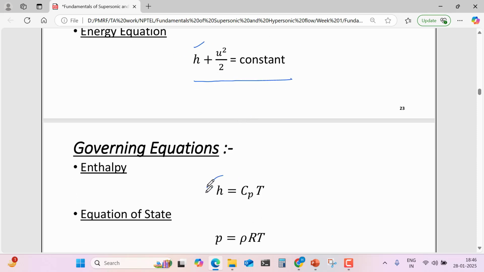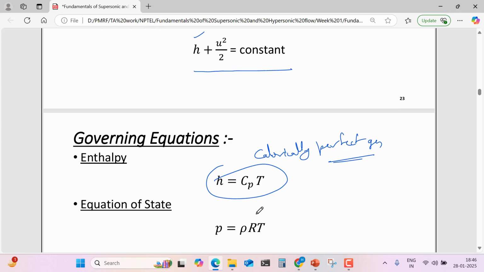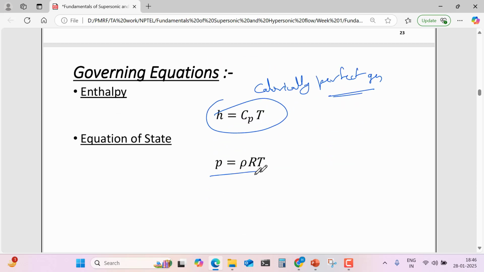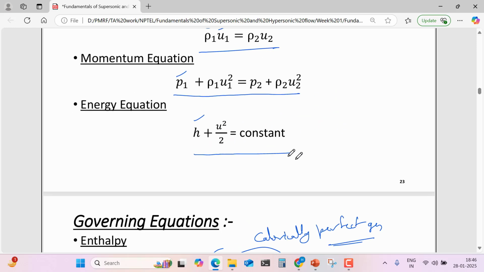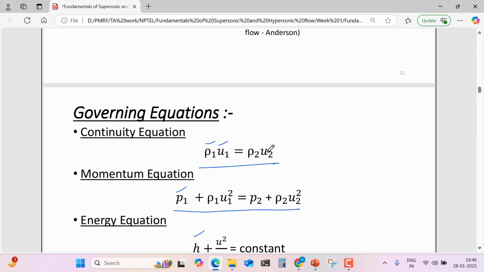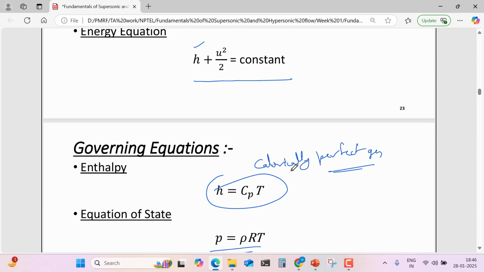Enthalpy can be written as Cp T for calorically perfect gas. And as for perfect gas, we can also use the equation of state, that is P equal to ρRT. Using these 5 equations, we can find all the unknowns U2, P2, ρ2 and h2 also.